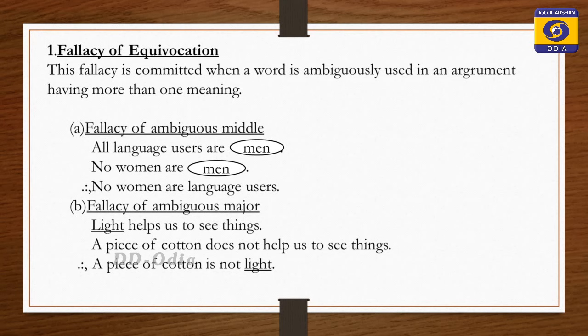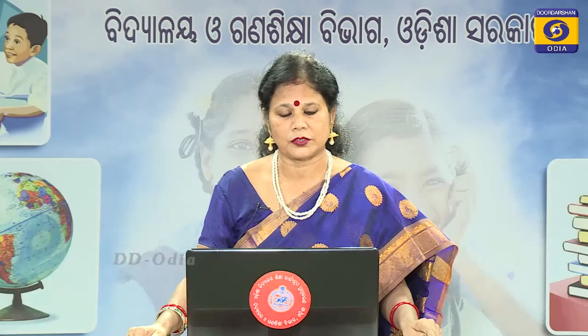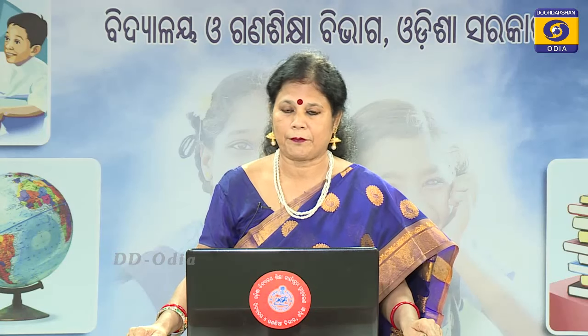So, here you see the meaning of man is different at both places. In the major premise, it means all human beings, both male and female. In the minor premise, I mean only the male members. So, the conclusion becomes no women are language users. This is a wrong conclusion. This is your fallacy of ambiguous middle.